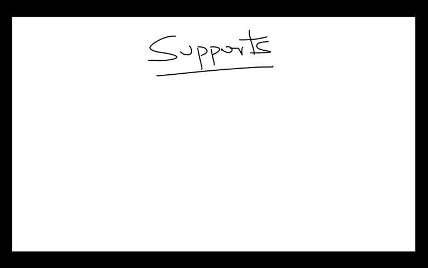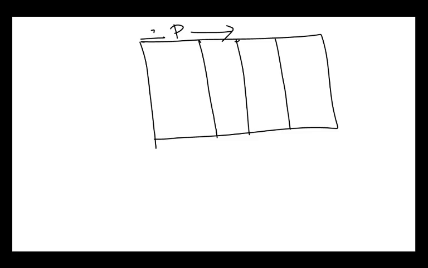So let us look at the reverse bias condition. Let us draw the picture of a reverse bias diode. This is my P region.